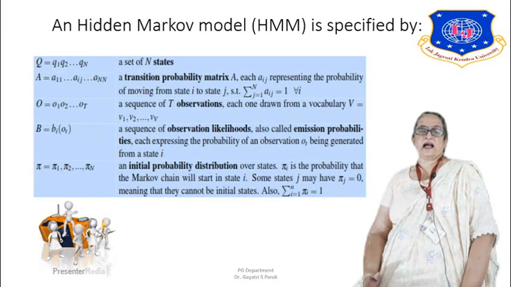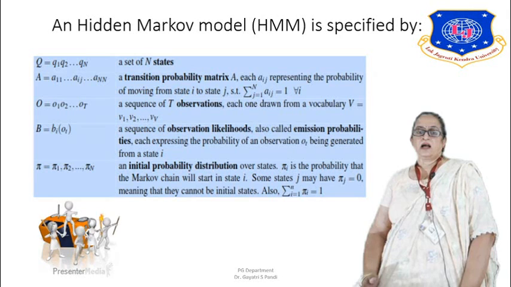Then we have the sequence of observation likelihoods, that is B = b_i(o_t), which is called the emission probability, each expressing the probability of an observation o_t being generated from a state i.